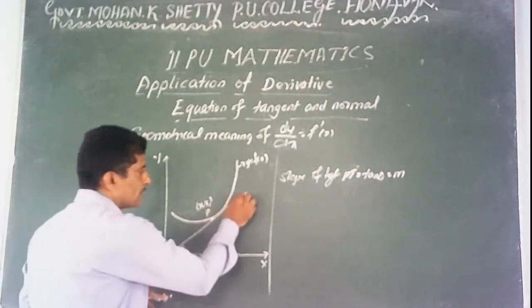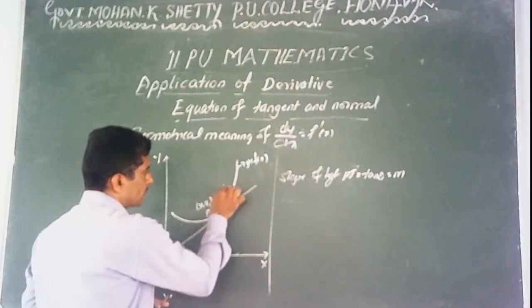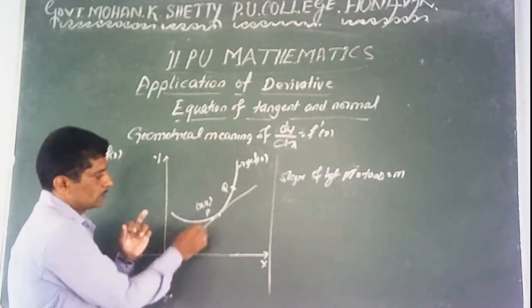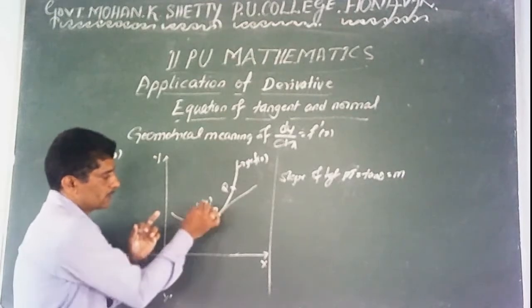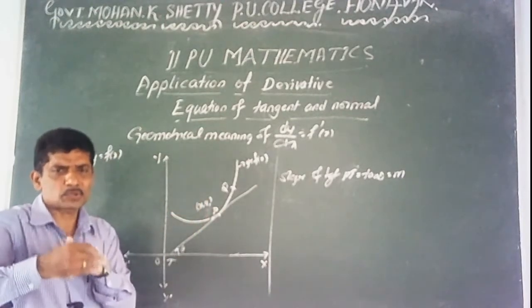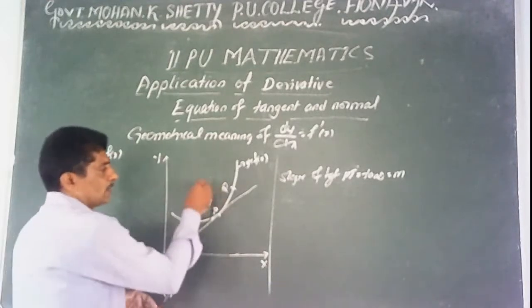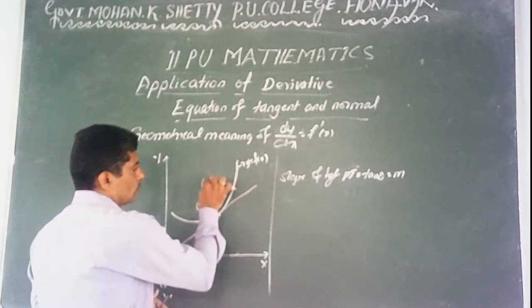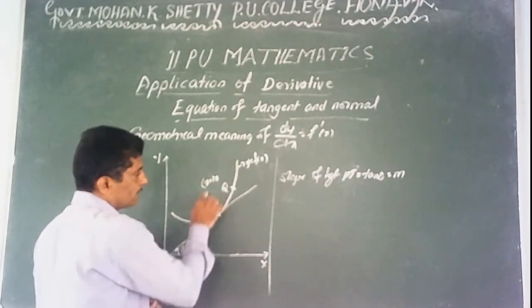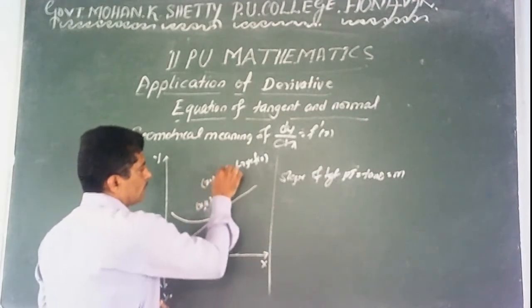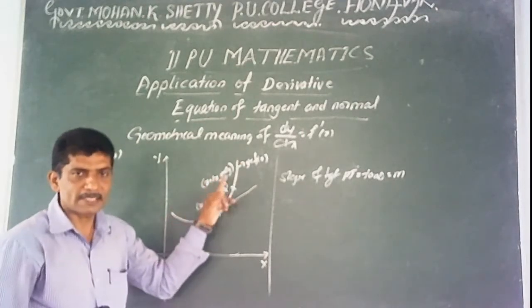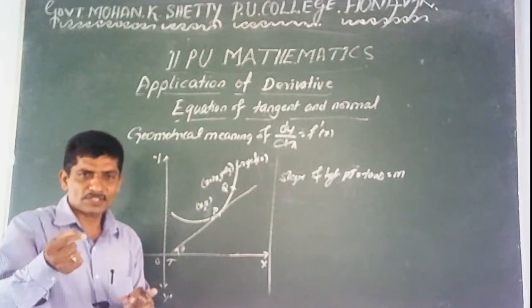Suppose here you take Q as a neighborhood point of P, very close to P. Just remember this point is P. Q is a neighborhood point of P, very close to P. The coordinate of Q is x1 plus delta x, or simply x plus delta x comma y plus delta y. These delta x and delta y are small changes of x and y.